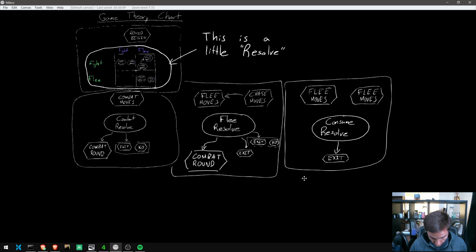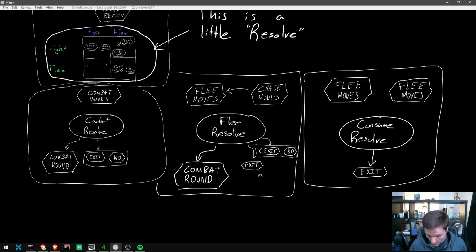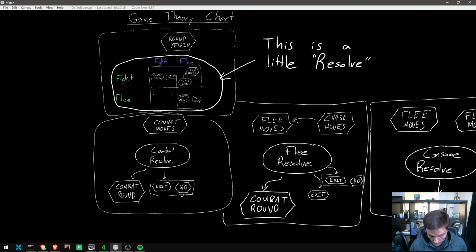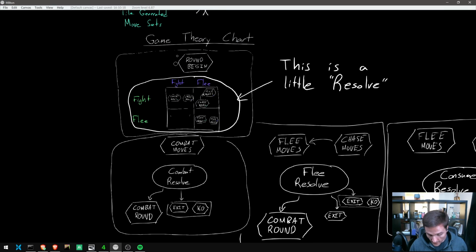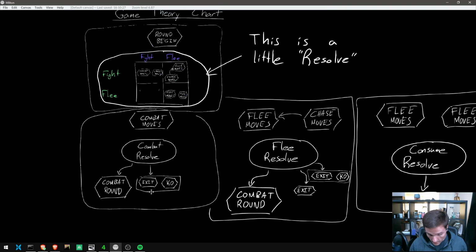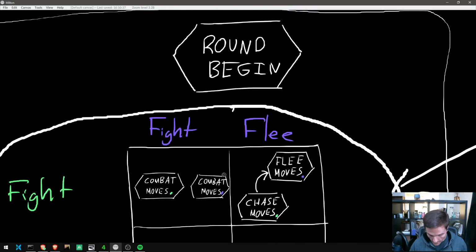Now, I haven't defined what happens during some of these patterns, but part of the point is that the resolve of that might be owned by something else. Like the fact that we entered into this state, at some point we want to be able to say, okay, the entirety of the combat system is that. I guess this needs to be called combat round actually.